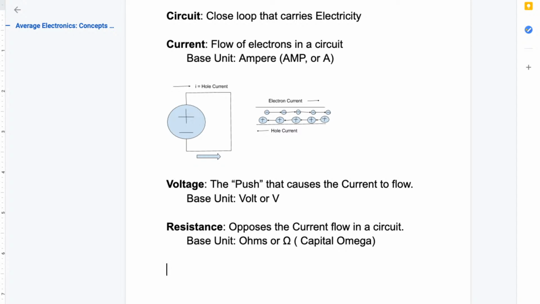Now, to expand on this, your current, voltage and resistance all exist with the metric system or metric prefixes.